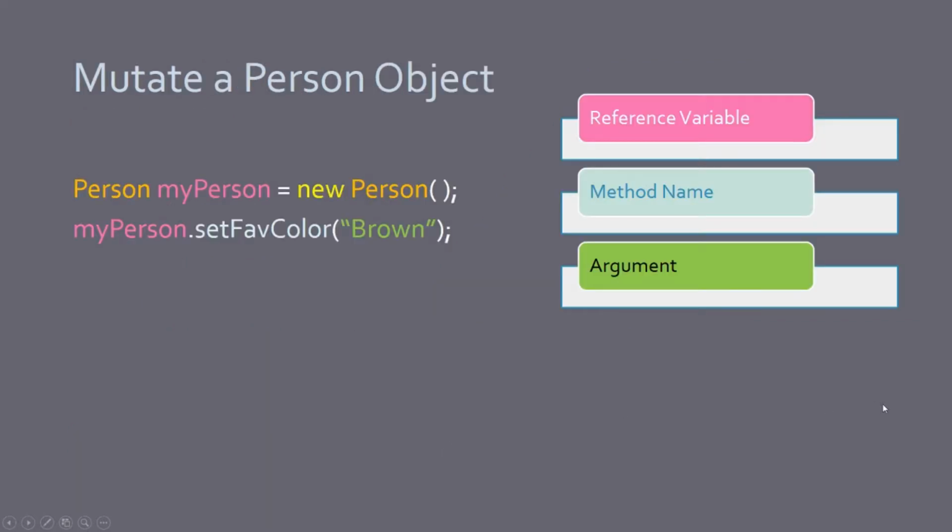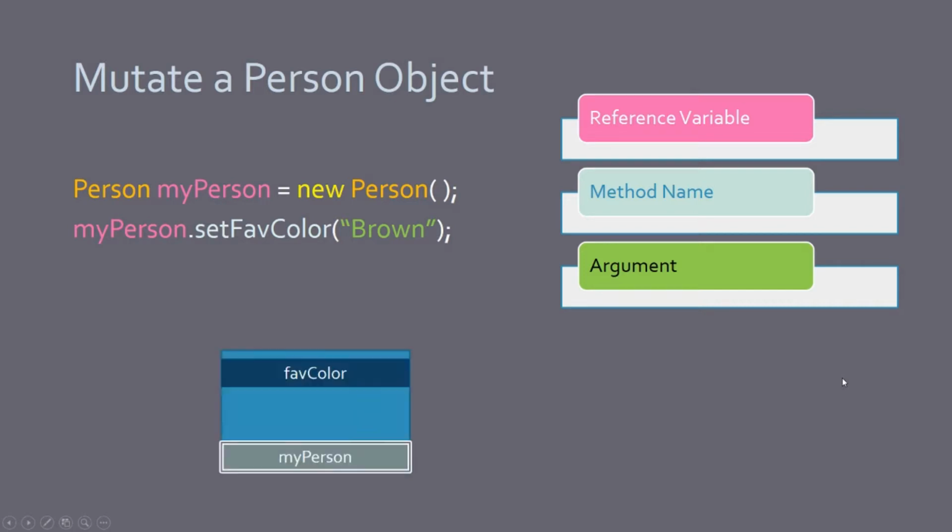So here is our code again. We create an instance of our class, and then we use the reference variable, myPerson, followed by a period or a dot to access the methods available in our person class. We find the setFavoriteColor method and we use it, and we pass the value brown because we want to set this person's favorite color to the value of brown.